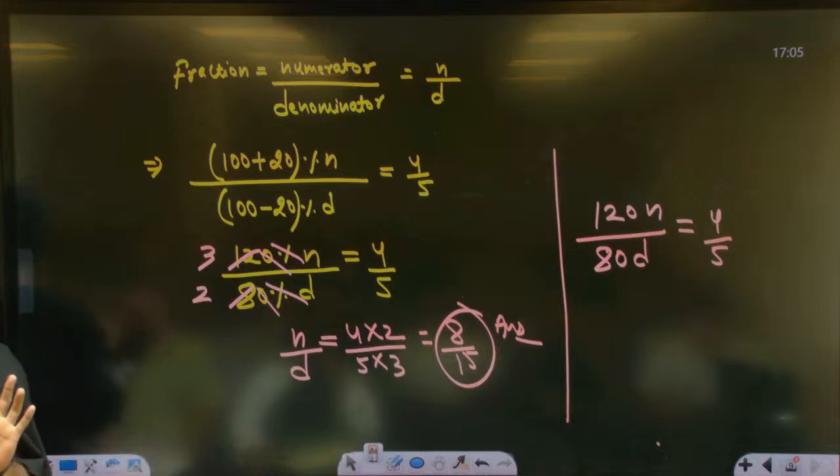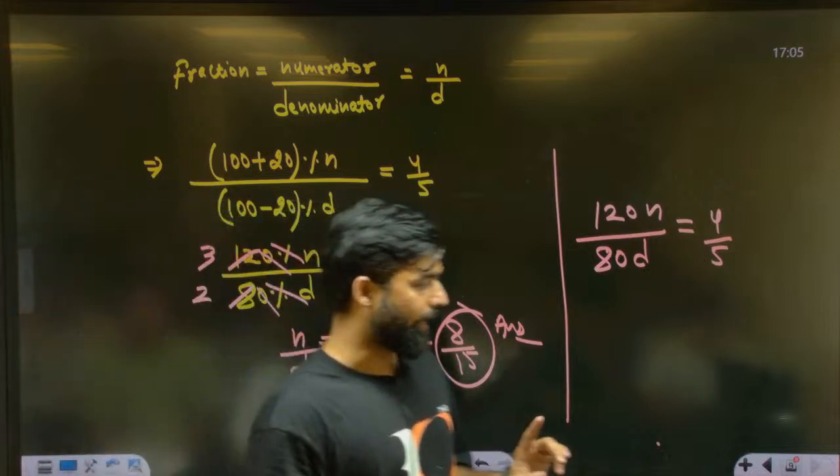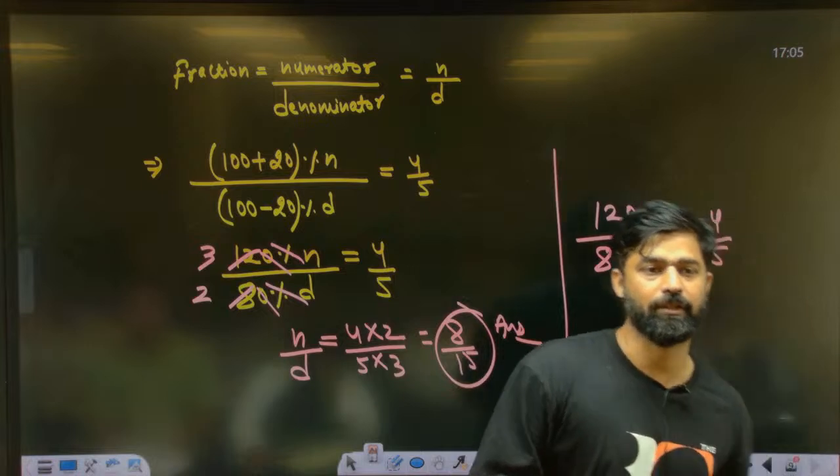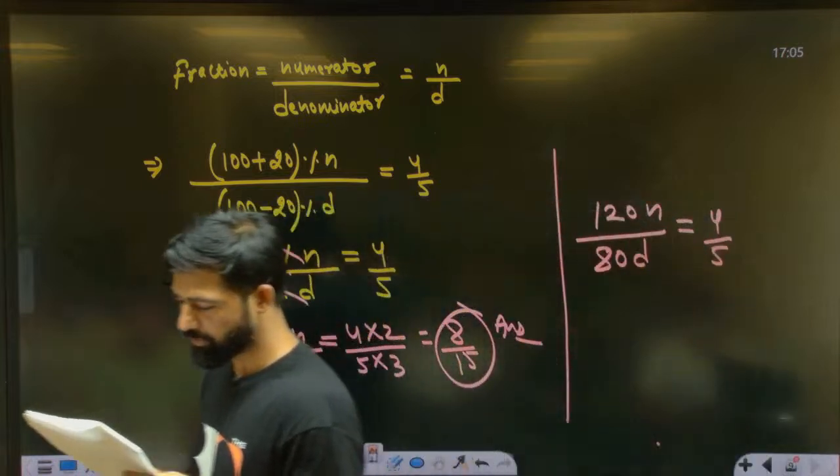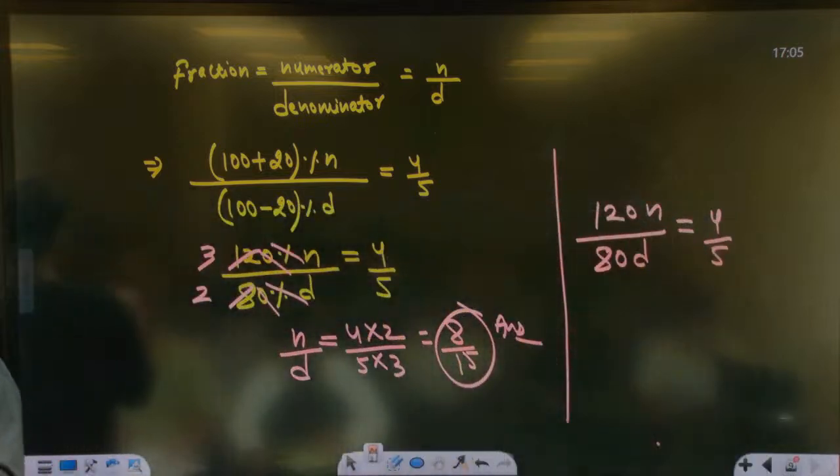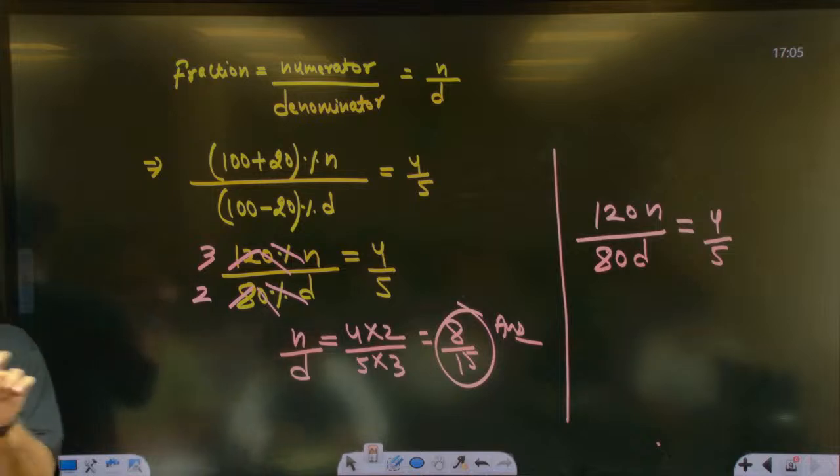Any problem in this? Next question, and I need the answer within seconds. Write the question, but you have to write it completely. Don't focus on speed.